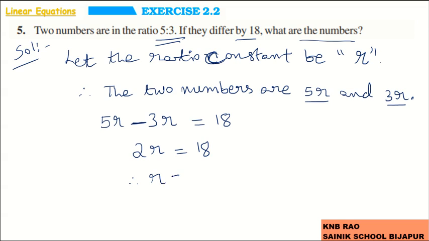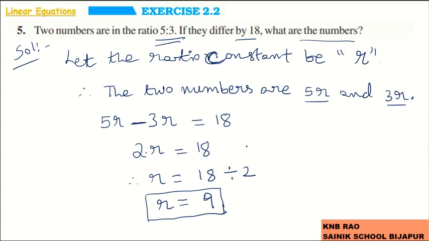Therefore, r is equal to 18 divided by 2, where 2 is multiplicand. If it comes this side, it does the division. So 18 divided by 2 is 9. The value of r is 9. So now we can write the conclusion.